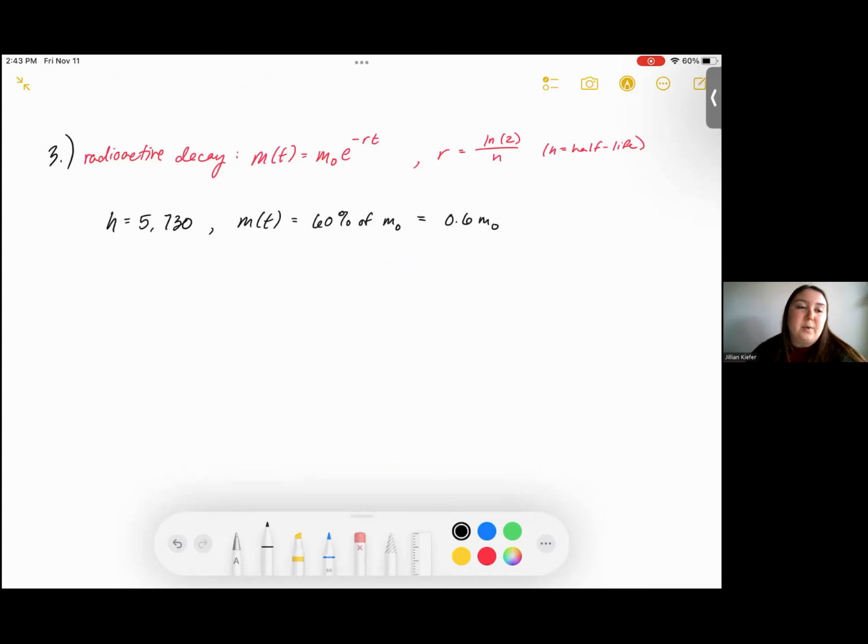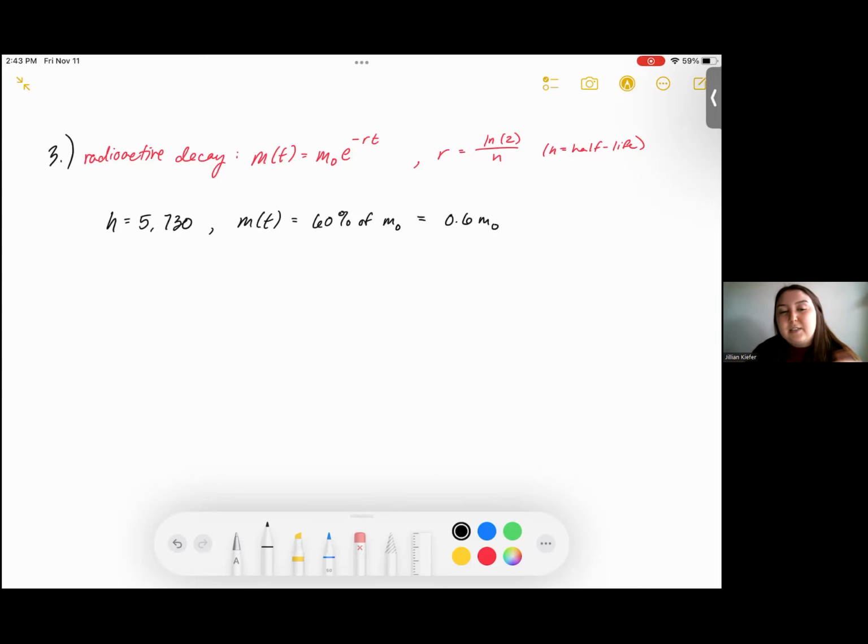All right, so with example 3, we have our radioactive decay equation here. M of t is equal to m naught times e to the power of negative r times t. R is the natural log of 2 divided by h, where h is the half-life. We say that h, or our half-life for carbon-14, is 5,730, and our m of t, or the amount after t amount of time, is 60% of the original amount.